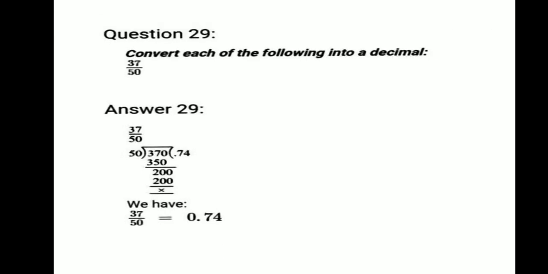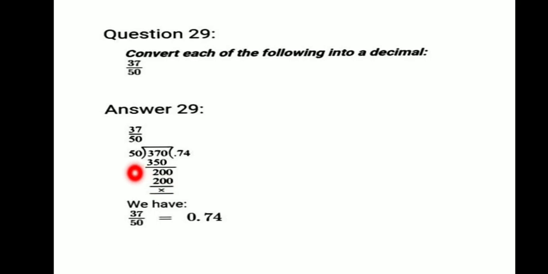Next, question number 29. Convert each of the following into decimal. 37 upon 50. 37 is not divisible by 50, so you have to put a decimal point, and include a 0 in 37. Now it should be 370. Now 7 times is 350, and you will get a remainder 20.